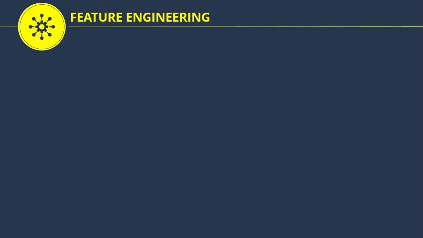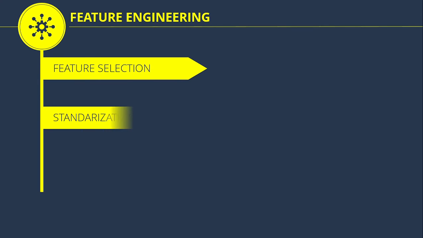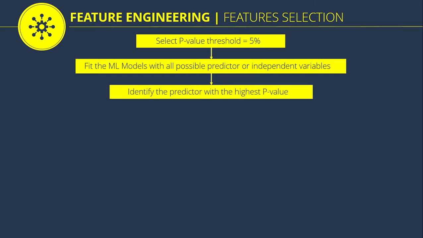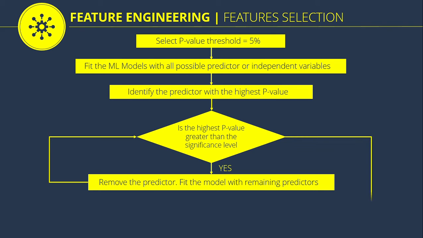So what we need to do in feature engineering: first I do feature selection, then standardization of the data, and then oversampling the data. First, for feature selection, I use the backward elimination method with a p-value threshold set at 5%. Then we fit the model with all possible predictors or independent variables, and identify the predictor with the highest p-value.